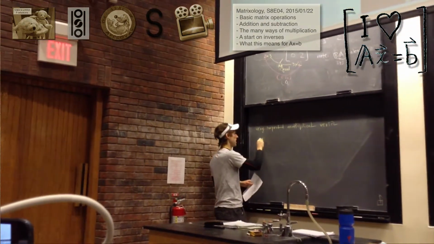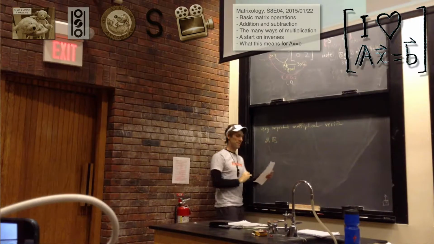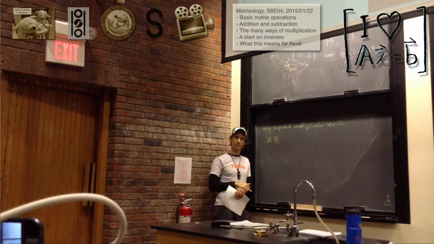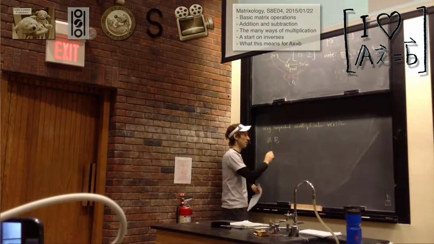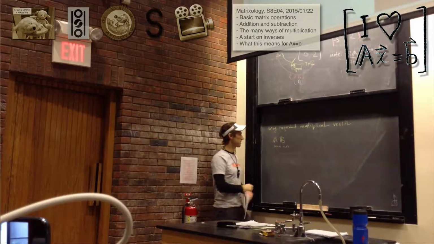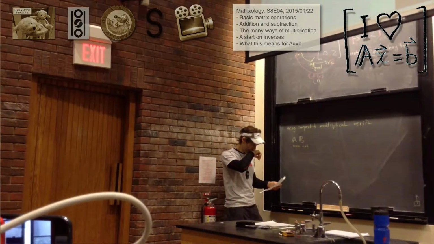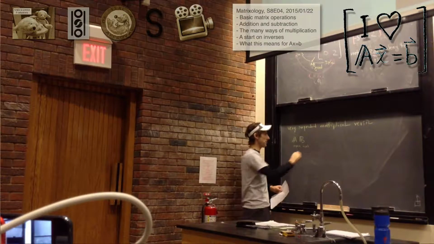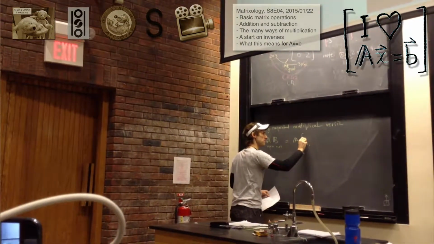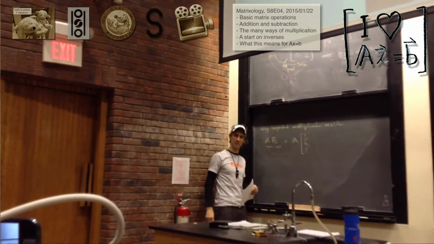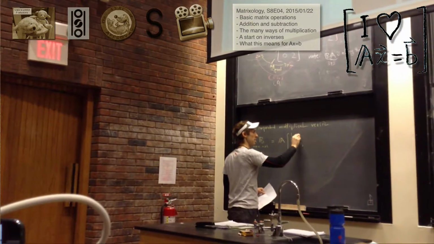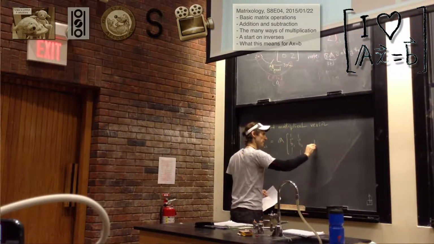So one is A times B. Once again, A times B is M times N and N times K. That's what the shapes of these guys are. We can write this as A, and I'll use this kind of structure a lot. So this is B1, the first column of B. And then the second column of B. We've had this before.